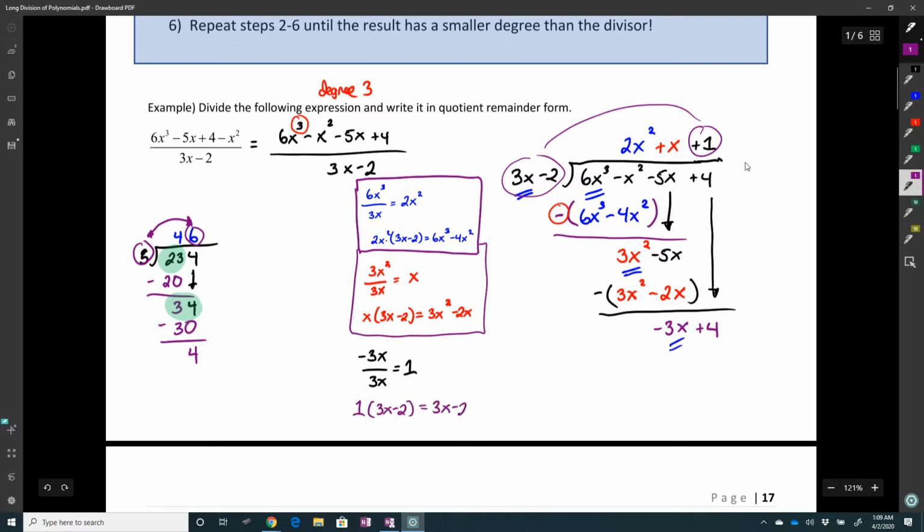And that's just 3x minus 2. I write it underneath. Oh, sorry. And a good example with these long division problems is it's really easy to make a mistake because there's so many little steps that you do. So I apologize. Oh, look, that canceled out right. So minus 1. So this is really a minus 1.